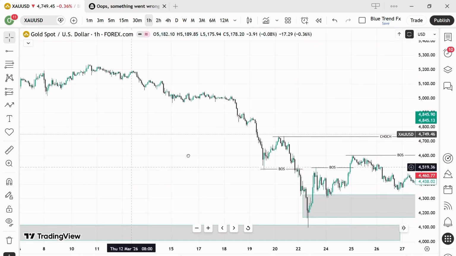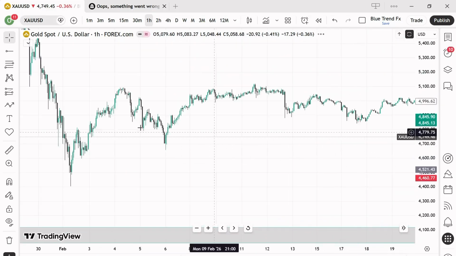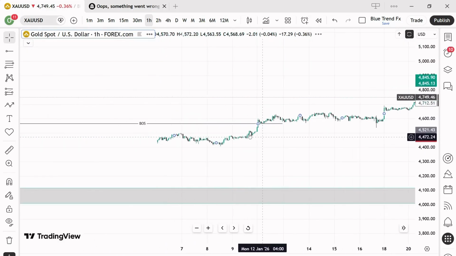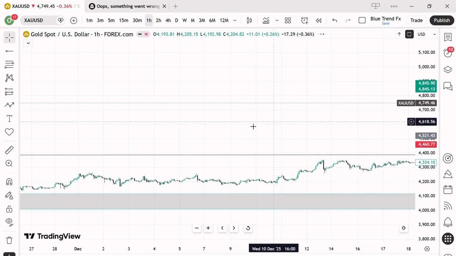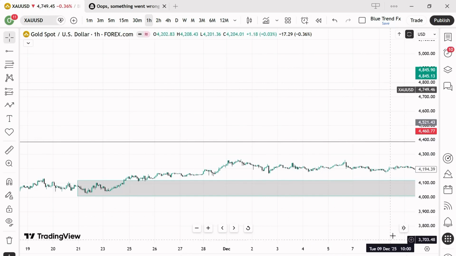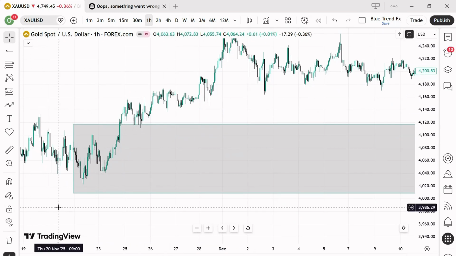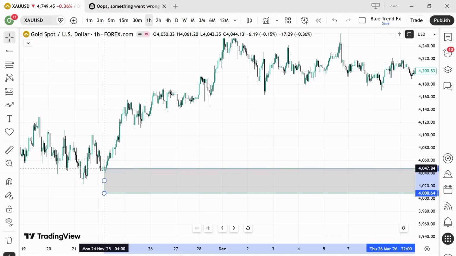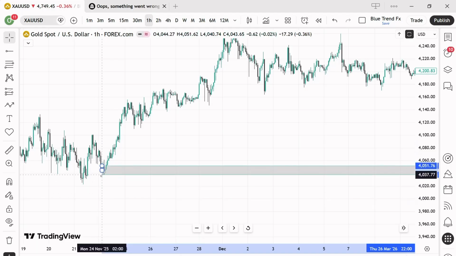If we are to refine that to 1 hour, we have to refine that to 1 hour.